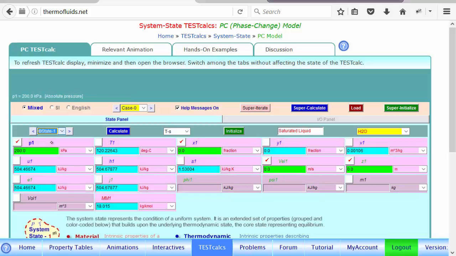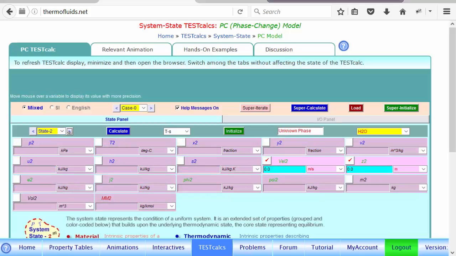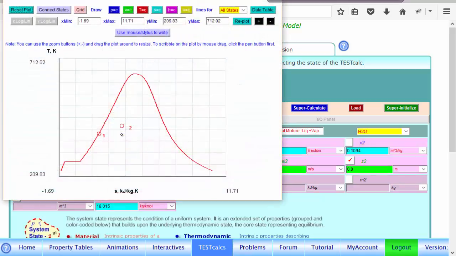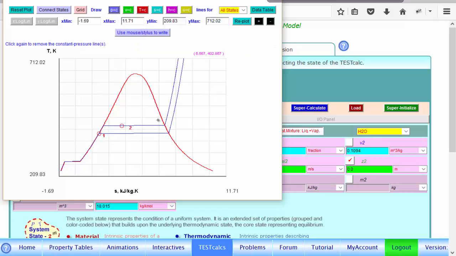We can go back to state 1, state 2. So we know the pressure, 520 kPa, and quality is known, 0.3 or 30%. If we calculate that, we'll find, notice that state 2 is somewhere here. And if you do a constant pressure line, you can see that there are two different pressures.